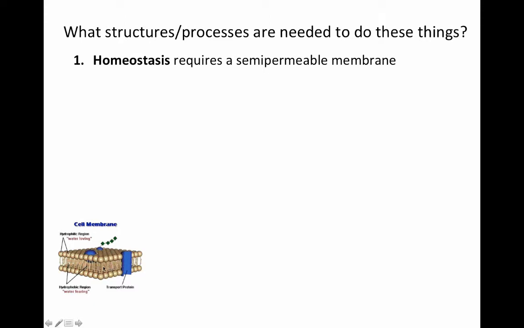And sandwiched in between them are these water repelling tails. So these are the lipid parts of the phospholipid molecules. So what that means is that molecules that are soluble in water can't get through this middle part because it is water repelling. And molecules that are soluble in fats can't get through this part of the membrane that is water loving or water attracting.